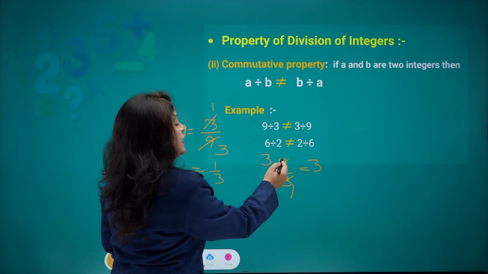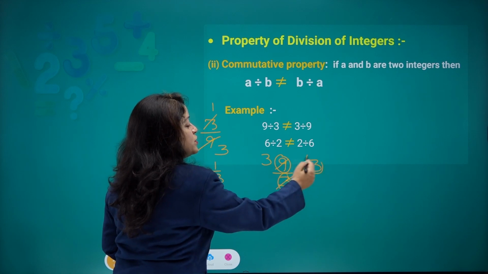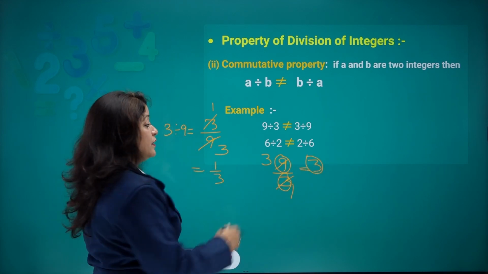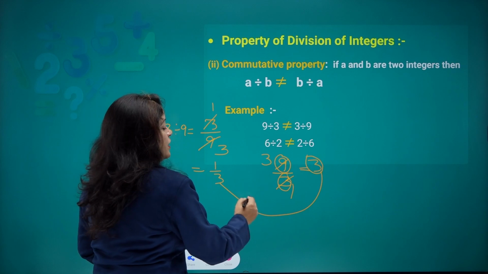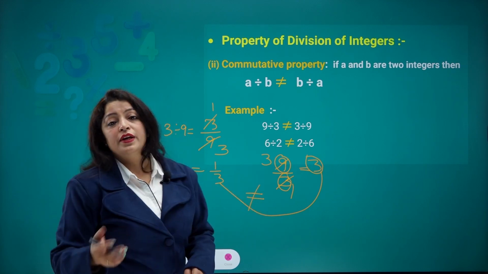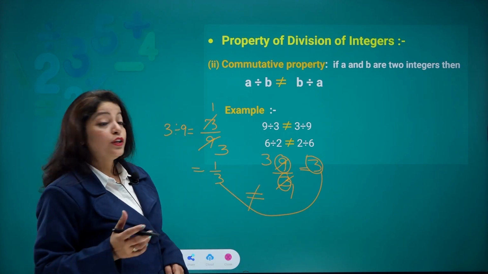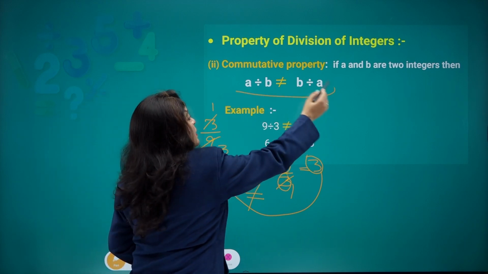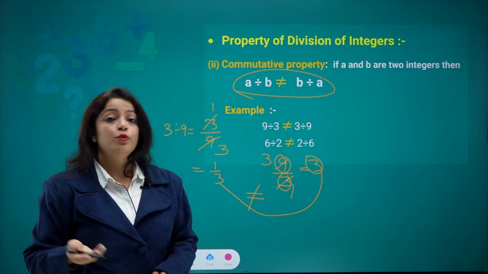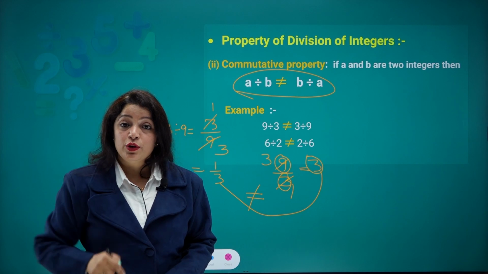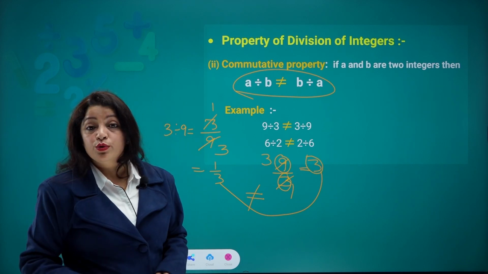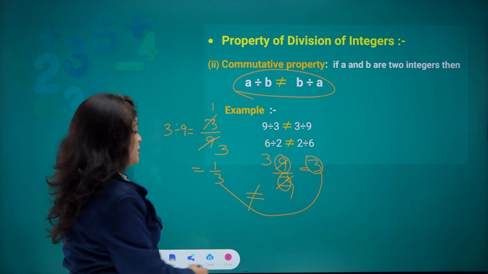But when I divided 9 by 3, the result was 3. And clearly 3 and 1 upon 3 are not equal to each other. So we can conclude from this that a divided by b is not equal to b divided by a. So commutative property also does not hold true for division of integers.